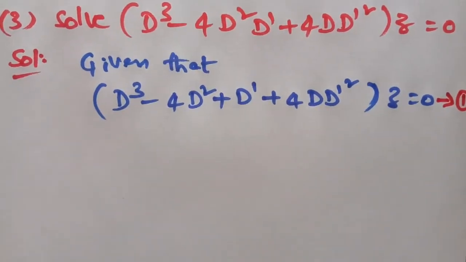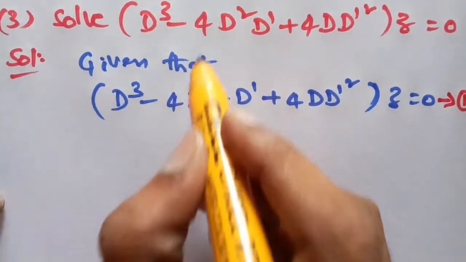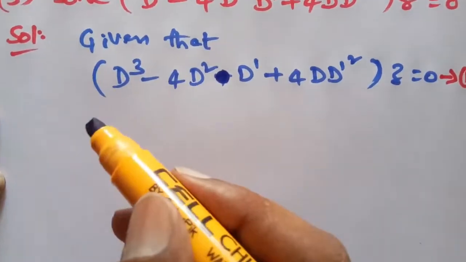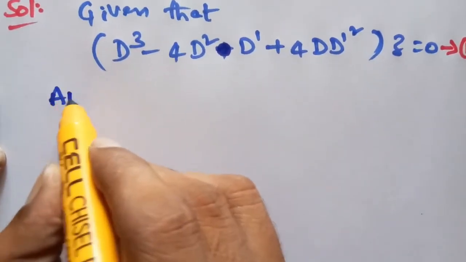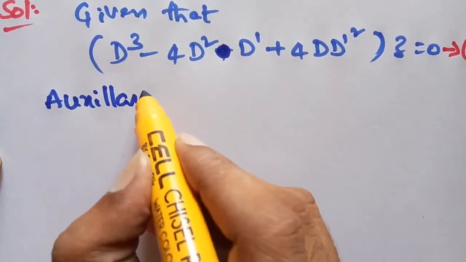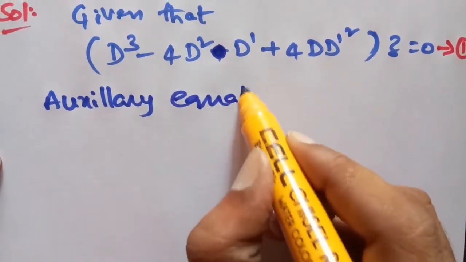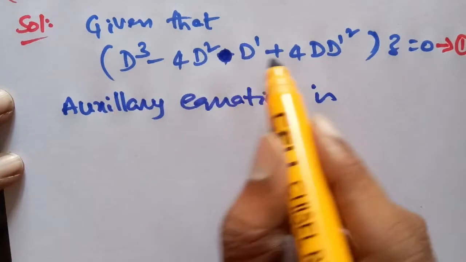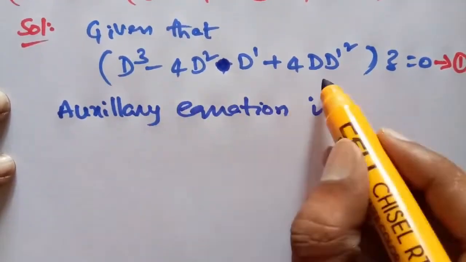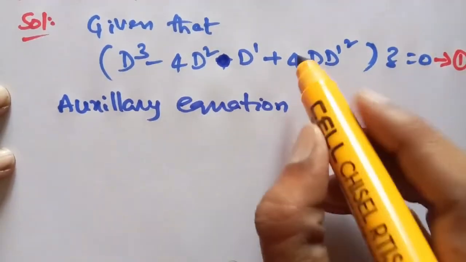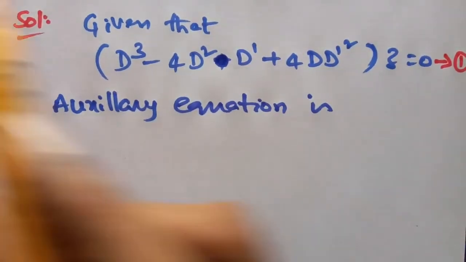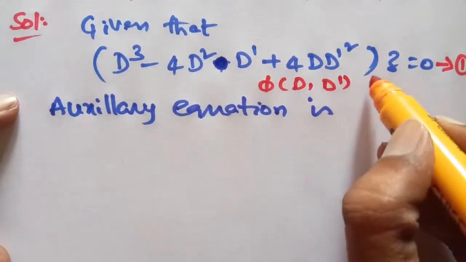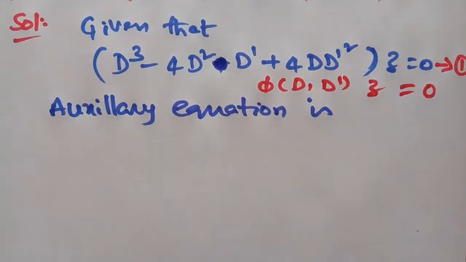Here the given equation is D cube minus 4D square into D dash. Therefore, auxiliary equation is obtained by putting D equal to m and D dash is equal to 1 in phi of D comma D dash into z is equal to 0.